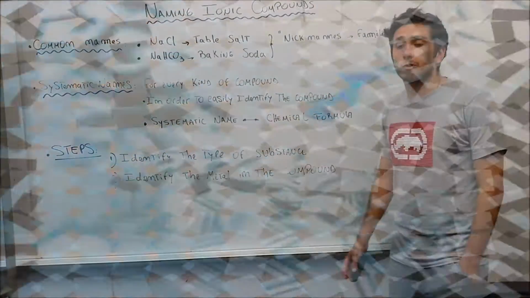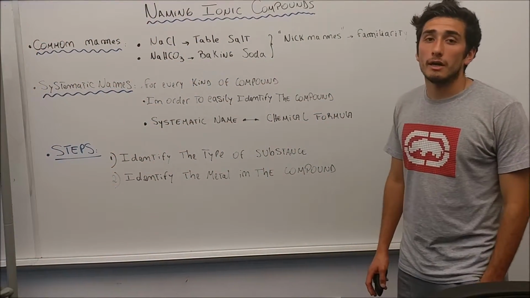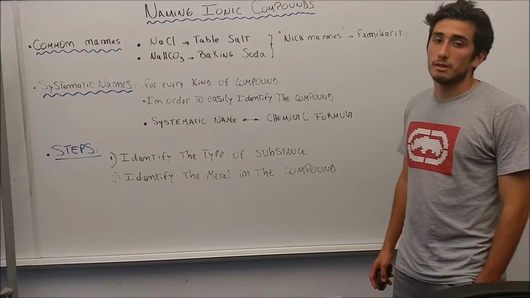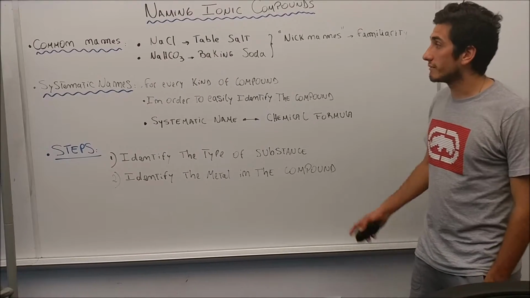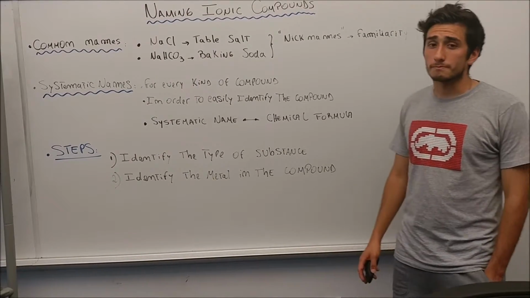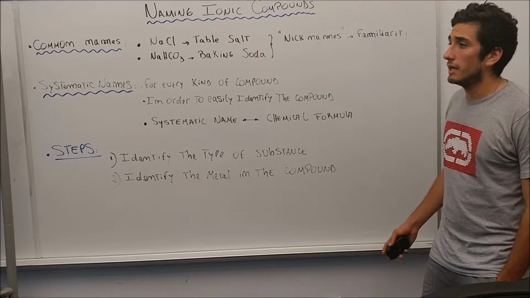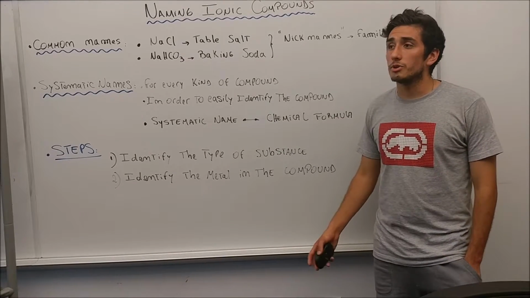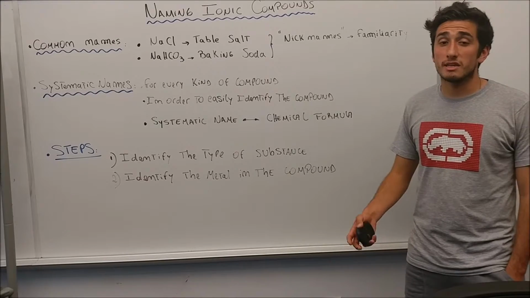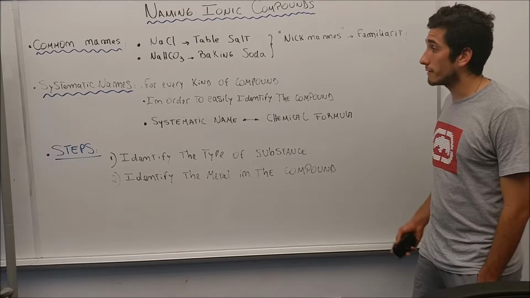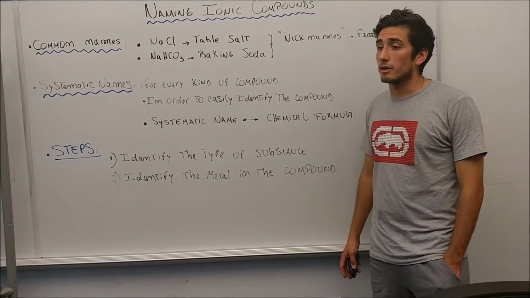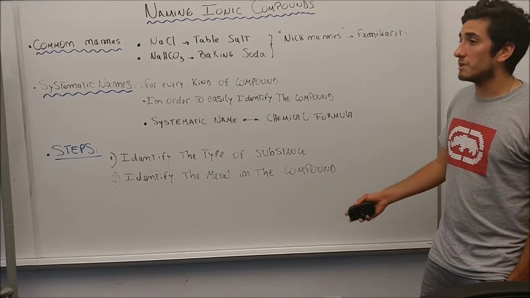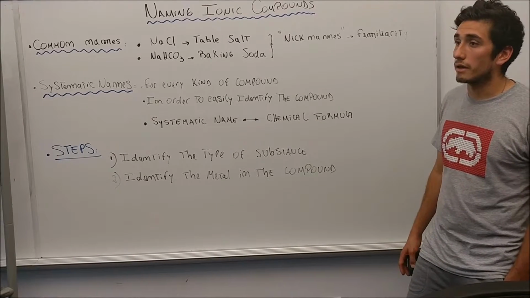Okay, now I'm going to explain how to name ionic compounds. Some ionic compounds, such as table salt and baking soda, have common names that we use in our daily life in order to avoid the complicated names that chemists use in the chemistry field.